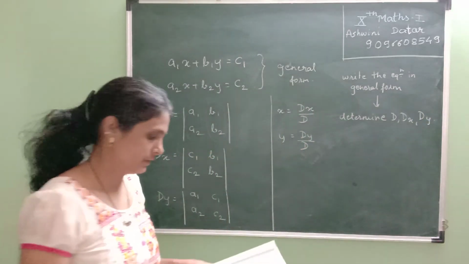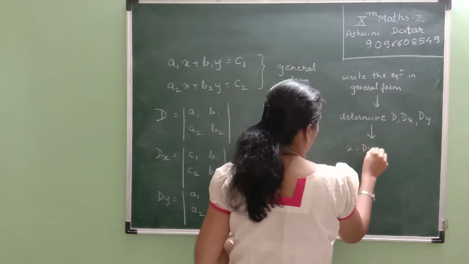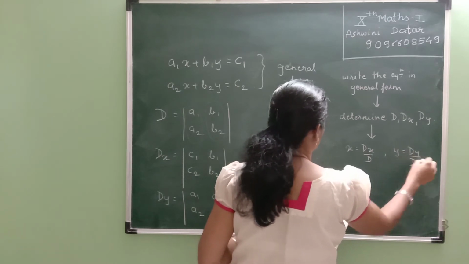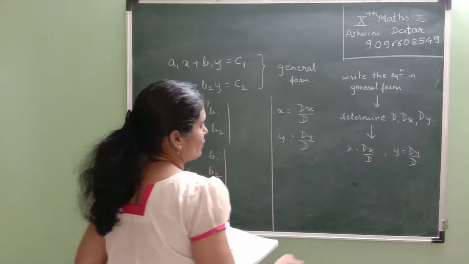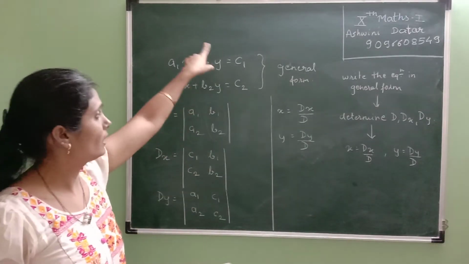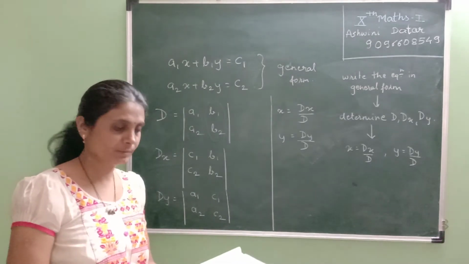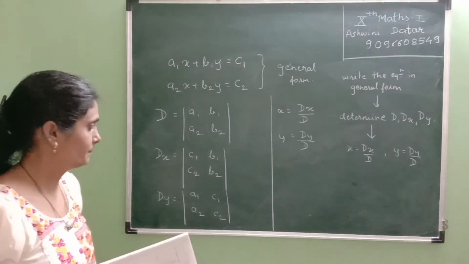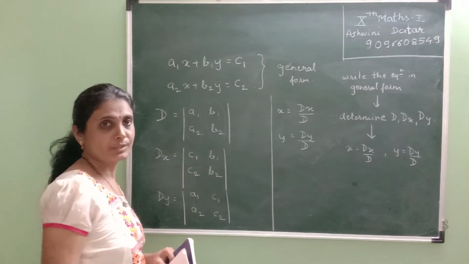Once you are through with that, then using x is equal to Dx upon D and y is equal to Dy upon D, determine the values of x and y, that is the solution to this general equation. Once the method is understood, we can solve problems based on that. So let us consider the first problem based on Cramer's rule. This rule is called Cramer's rule.